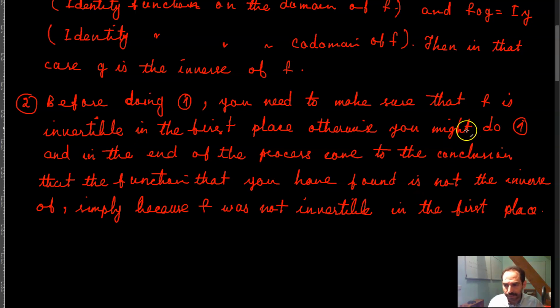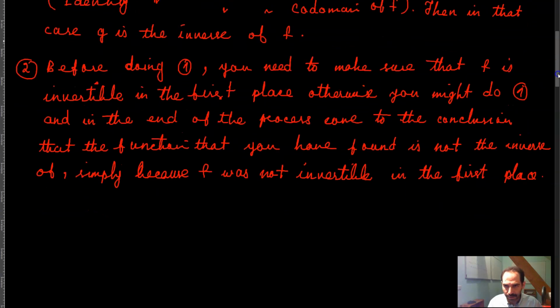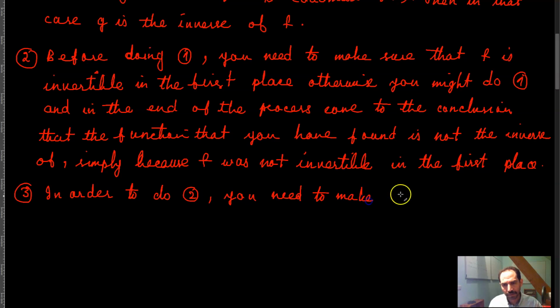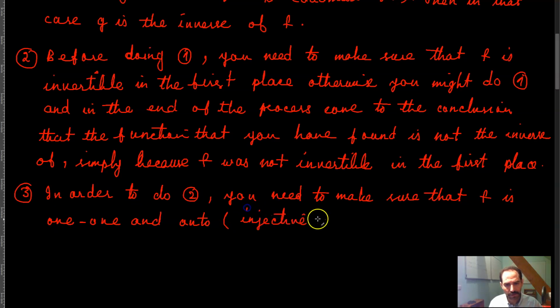So what that means is that, in order to do number 2, you need to make sure that f is one-one and onto, meaning that f is injective and surjective, or in other words, f is bijective, right?